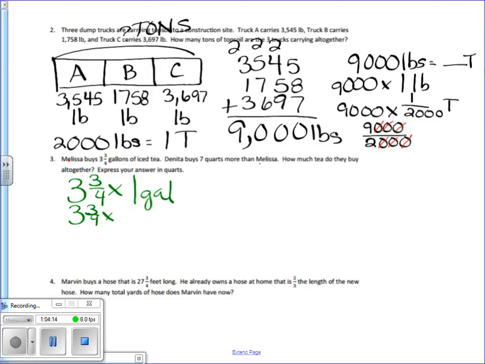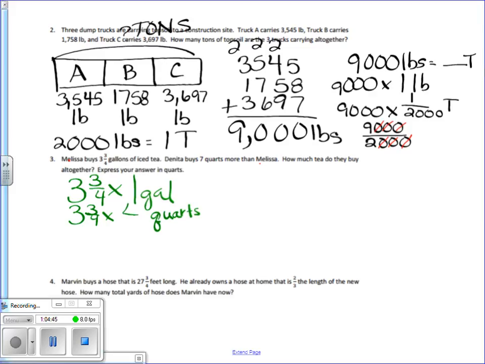Big to small, multiplied by, not 7, 4. Because I'm going from big gallons to little quarts. How many quarts make a gallon? 4. Mila, hi.